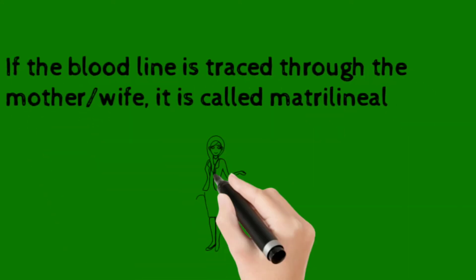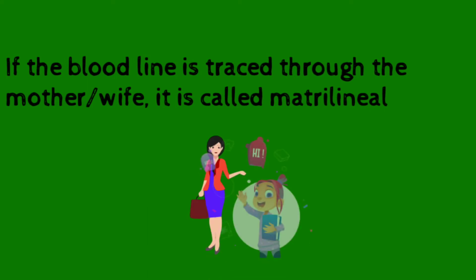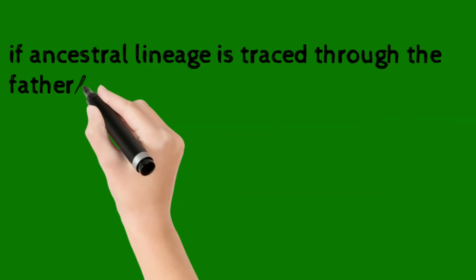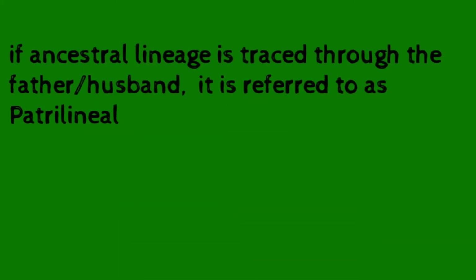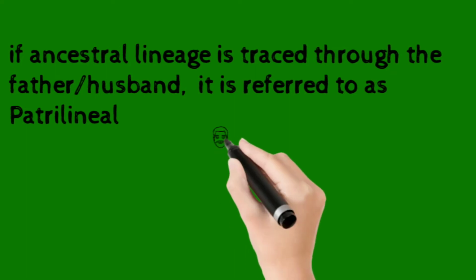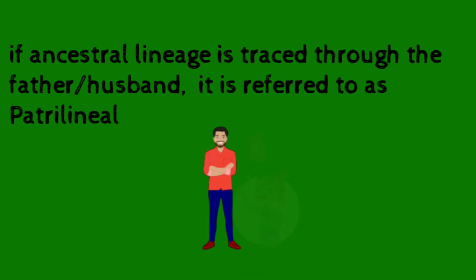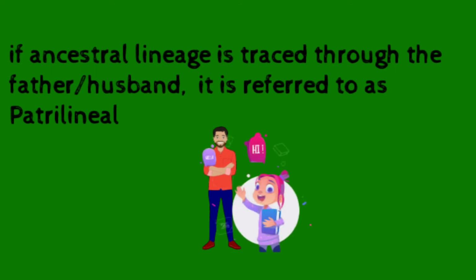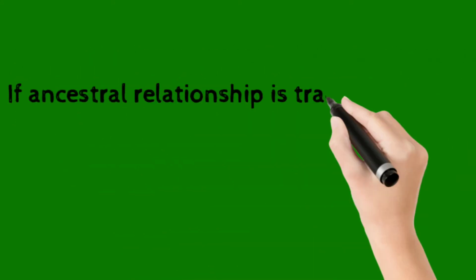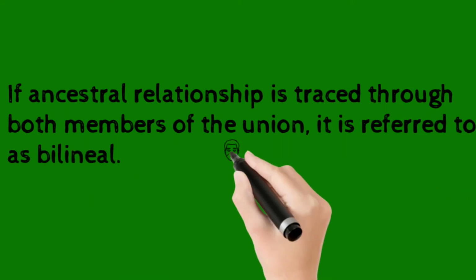If the ancestral line, the bloodline, is traced through the mother or the wife, the term we use is matrilineal. If it is traced through the father's or the husband's lineage, it is referred to as patrilineal. And if it is traced through both the mother and the father, we refer to that as bilineal.